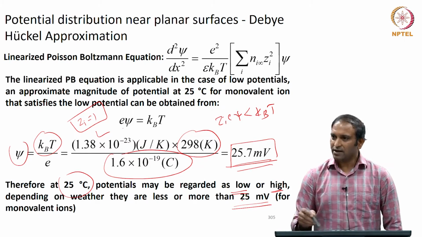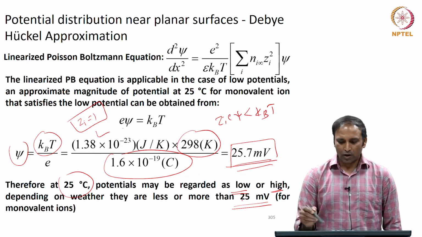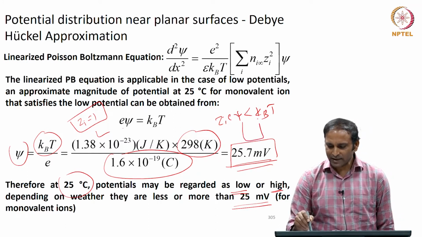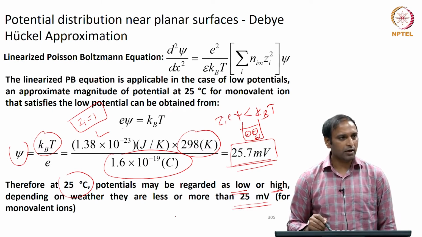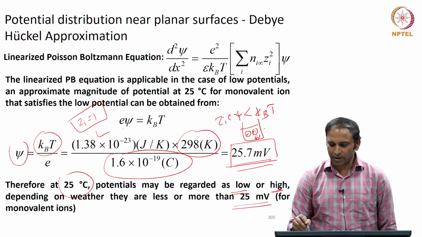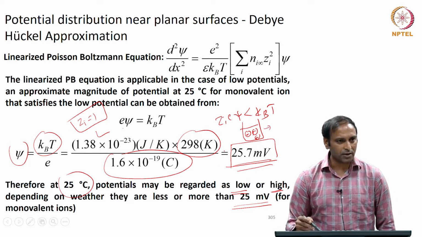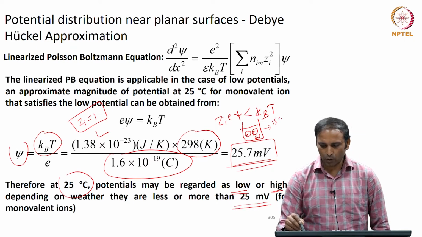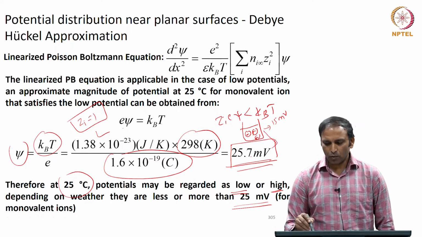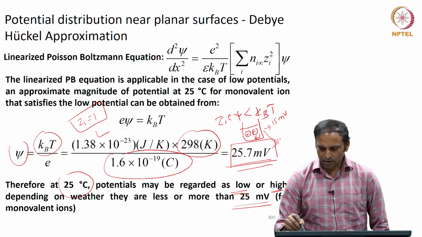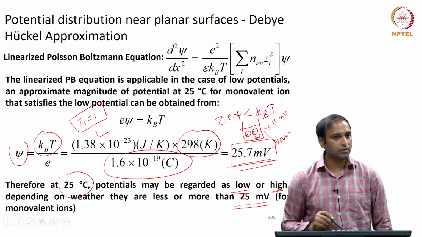This number is important because sometimes you may be working with, say, charge stabilized dispersions of positively charged particles. Somebody measures the charge on the particles and says that it is 15 millivolts, or somebody works with a case where the charge is, say, minus 100 millivolts.